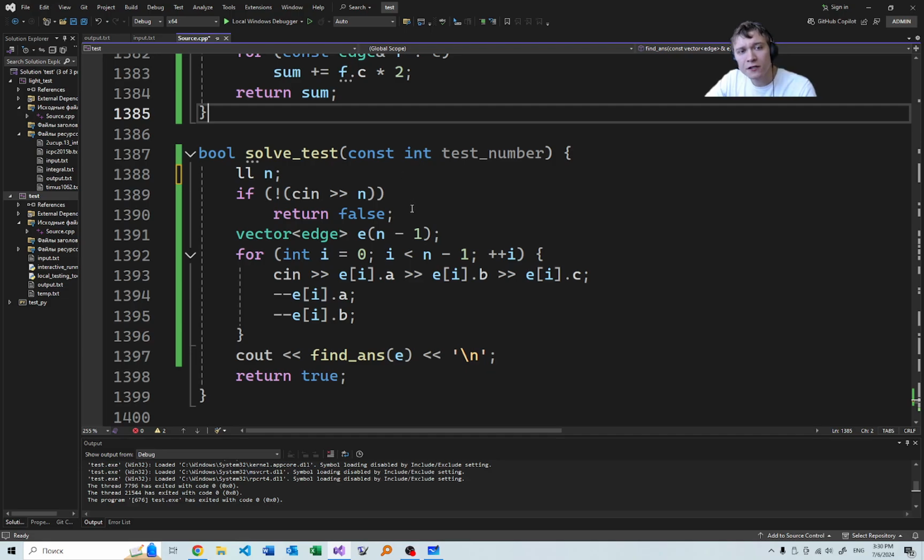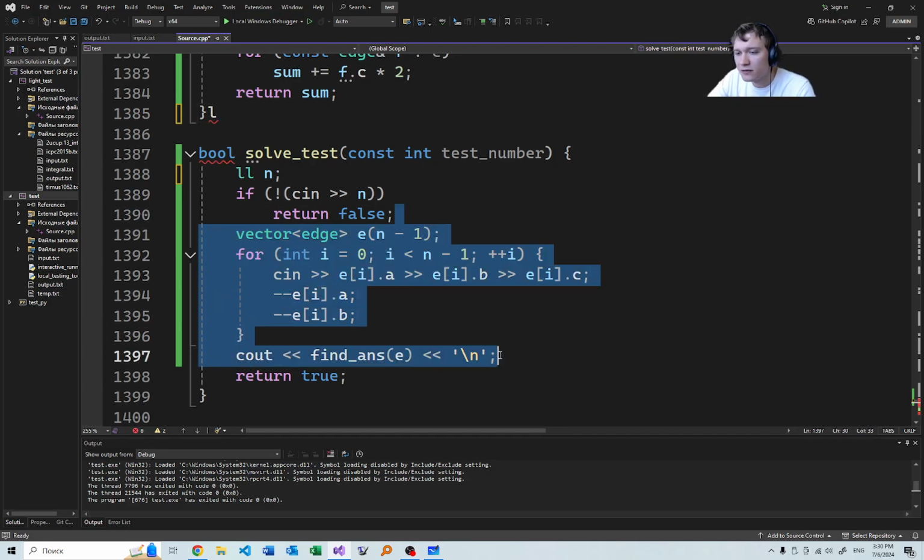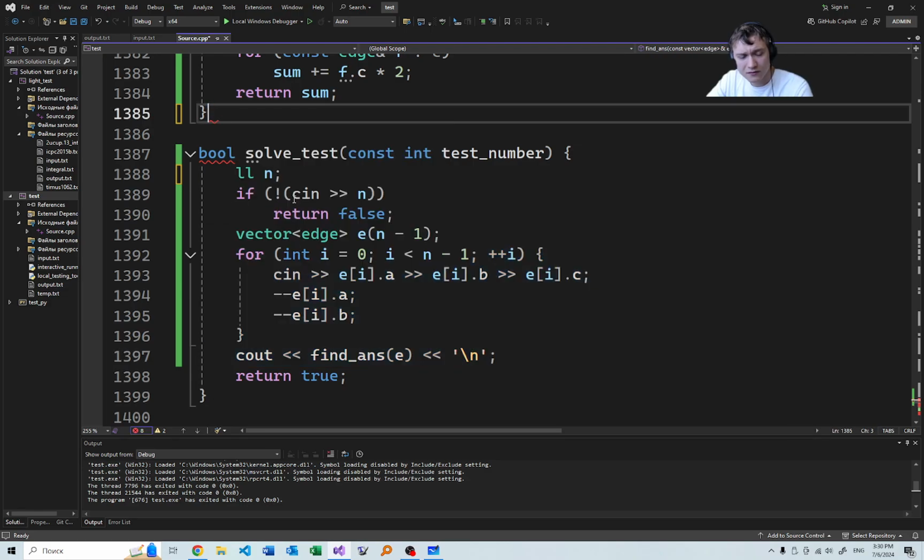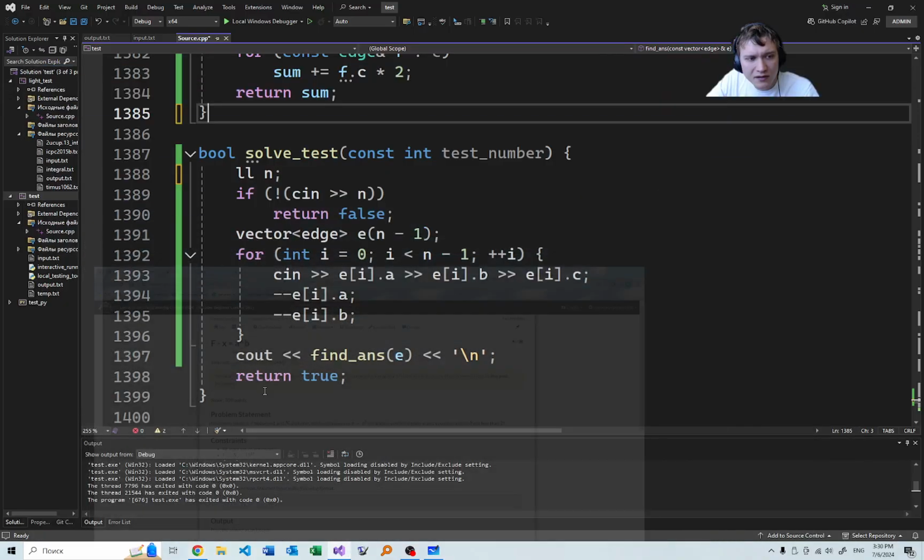Well, the problem is not very hard, but unfortunately it might require doubles, which I don't want. Not doubles, but int 128, which I don't want. So let's avoid it.